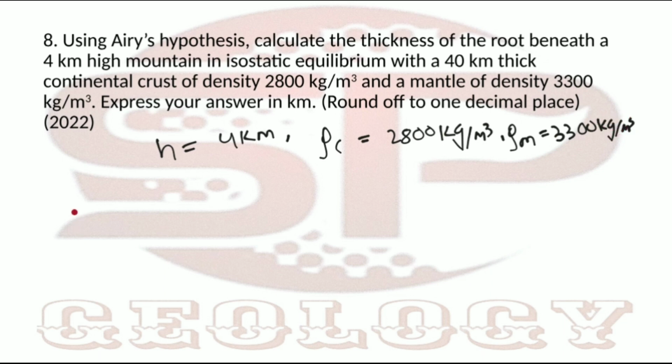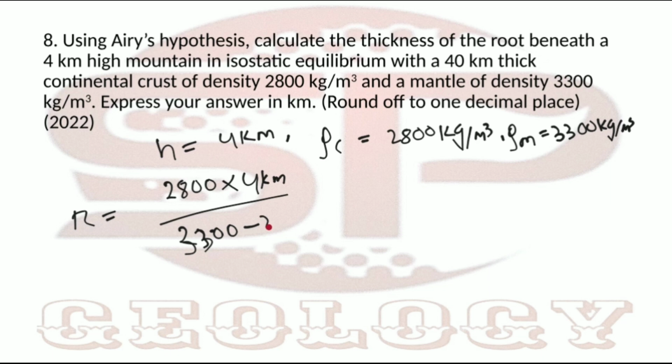You have to calculate the root r. rho c into h, that is 2800 into 4, divided by 3300 minus 2800. So we have 22.4 kilometers.